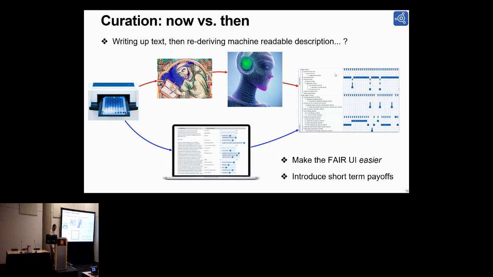And then typically that scientist will be tasked with the job of downgrading that information into something like some kind of text and figures combination. And then that will be placed in a database of some kind.